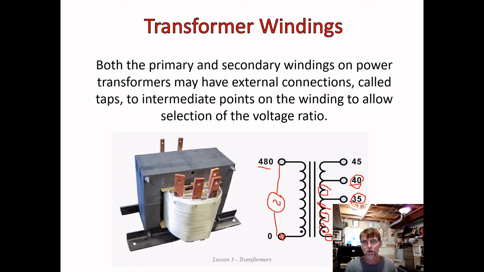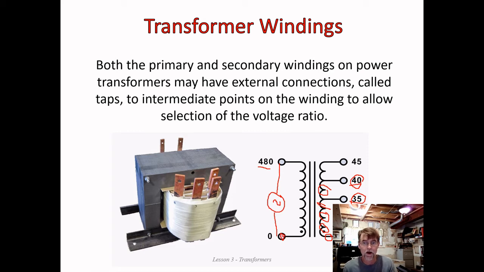By using a multi-tap ballast, we can connect the same light to an environment that's at 120 volts or 240 volts or 347 volts or 600 volts. We can take that very same light and connect it to any one of those voltage environments because of the multi-tap on that ballast or transformer.